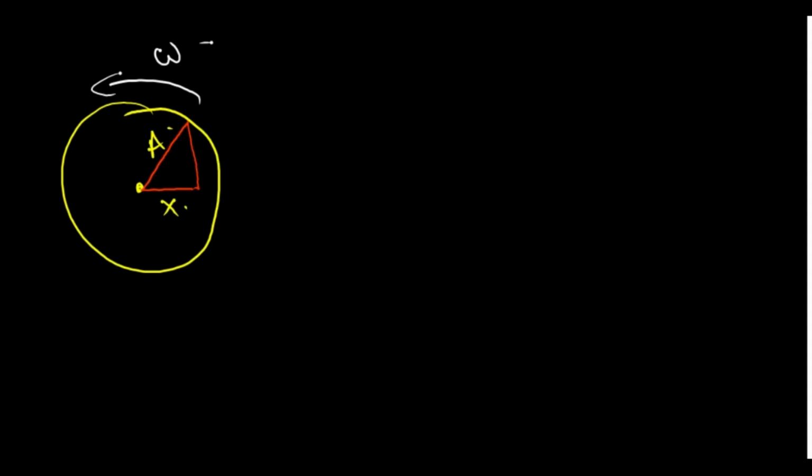Another thing is that when an object is moving around the circle, velocity is given by distance over time. But the distance we're talking about here is just the arc length, which is the circumference of the circle, given by 2 pi r.